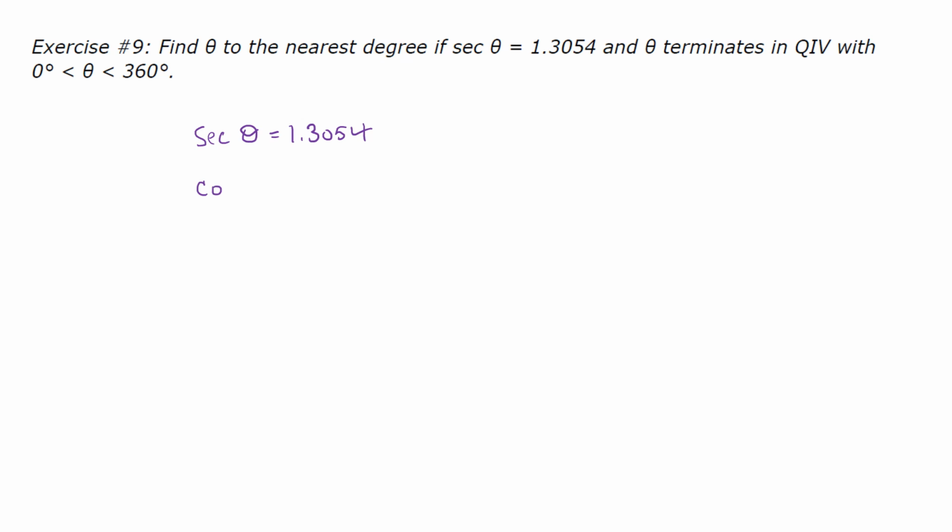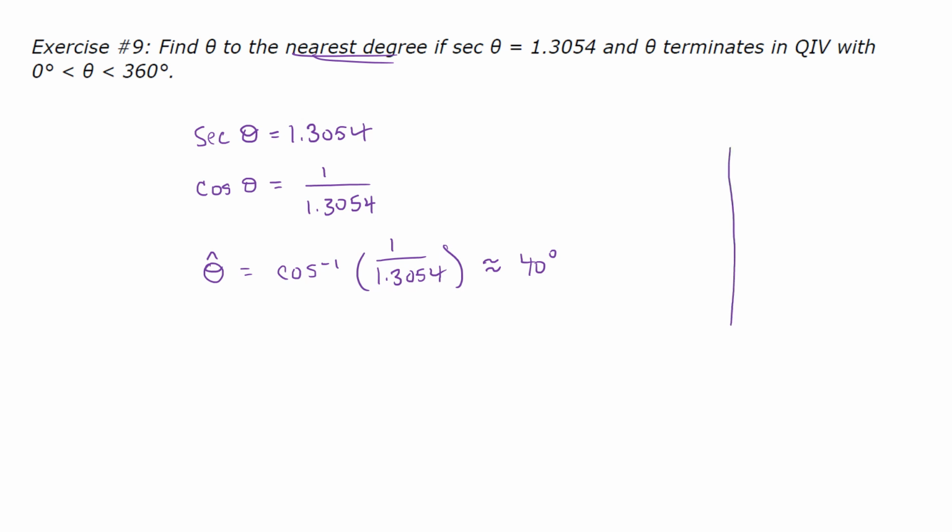So we can rewrite this as the cosine of theta equals 1 over 1.3054. Okay? So if we found the reference angle, theta hat, we would take the inverse of cosine of 1 over 1.3054, and we would roughly get, to the nearest degree, 40 degrees.